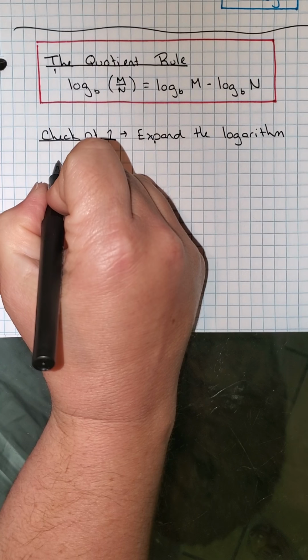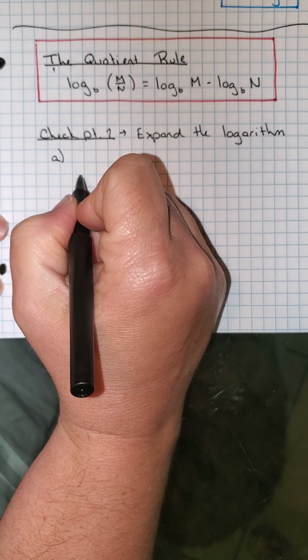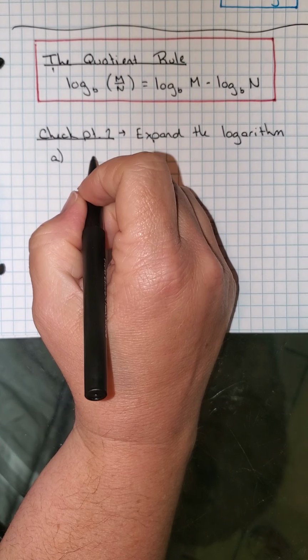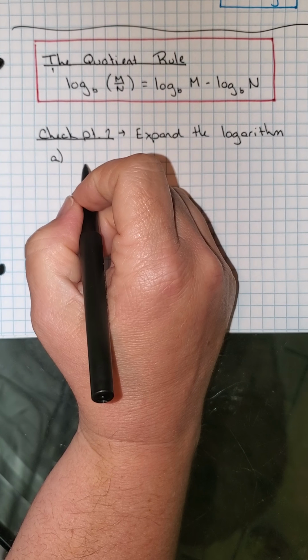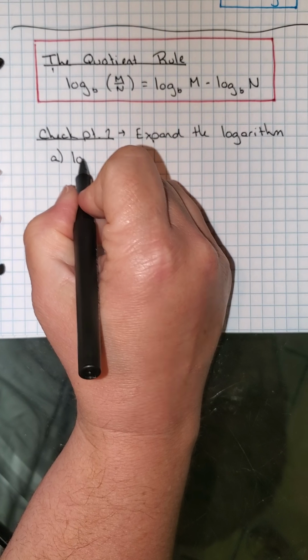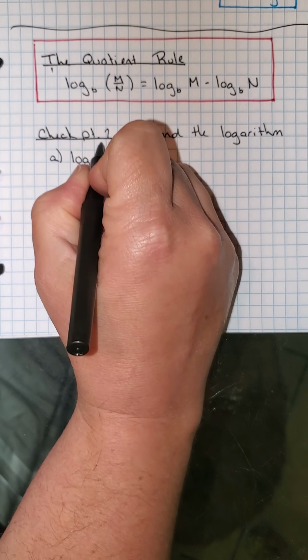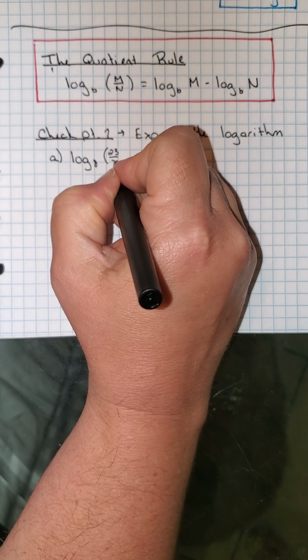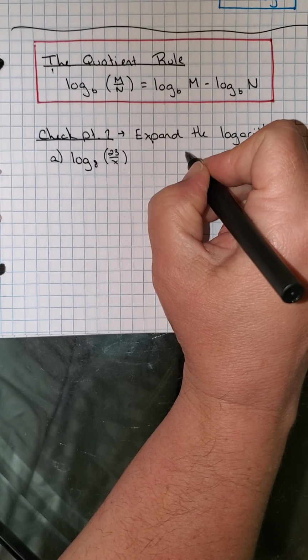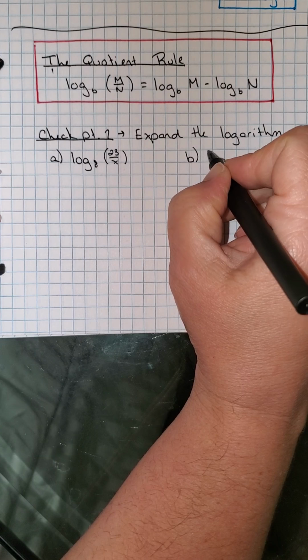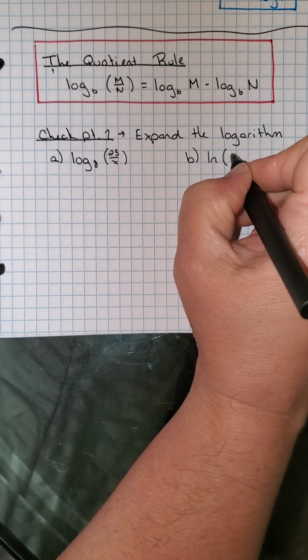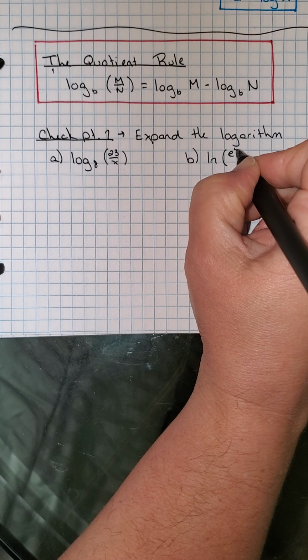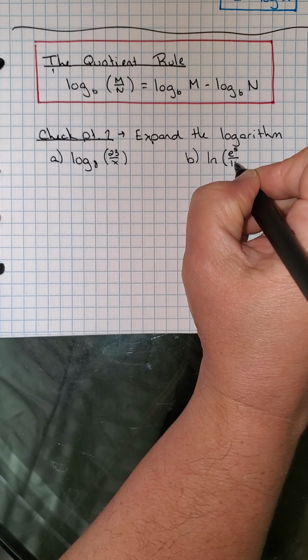Okay, for A, we have log base 8 of 23 over x. And then for b, we have the natural log of e to the 5th over 11.